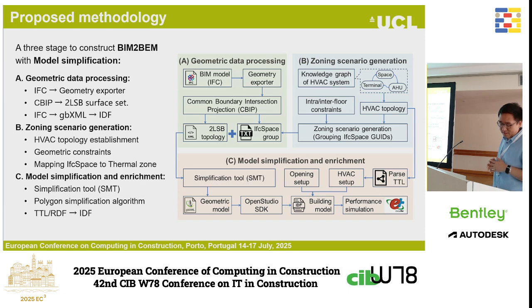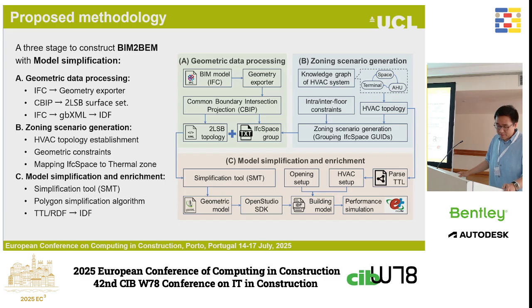Stage B is the zoning scenario generation. It can be further divided into 2 parts. The first part is the HVAC topology establishment, based on semantic technology, the knowledge graph. The second is to generate a set of zoning scenarios to map the IFC spaces in BIM to thermal zones for BEM.